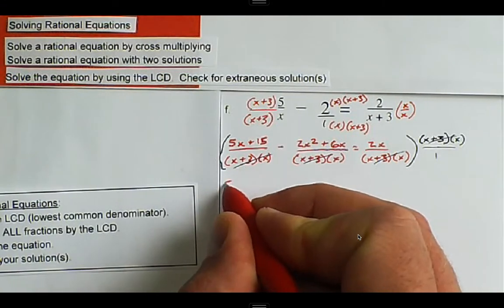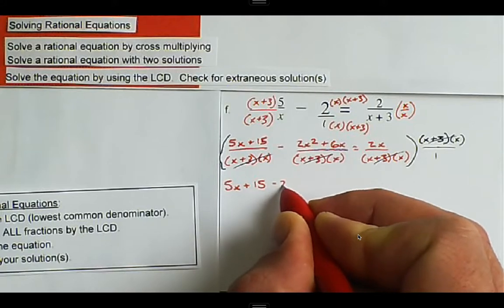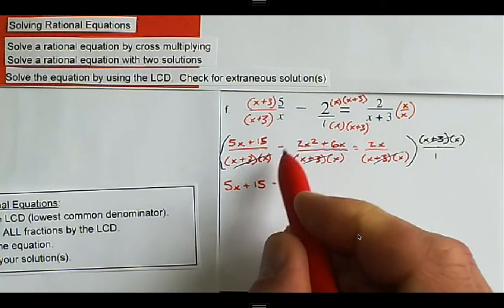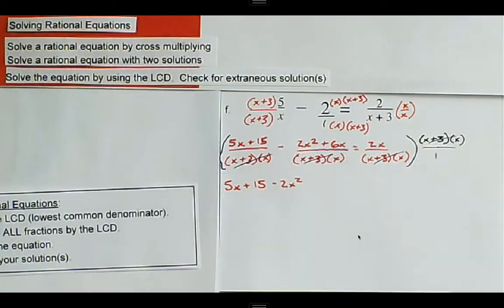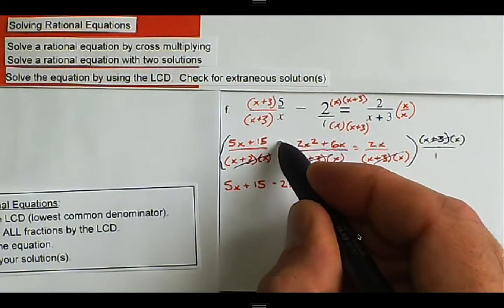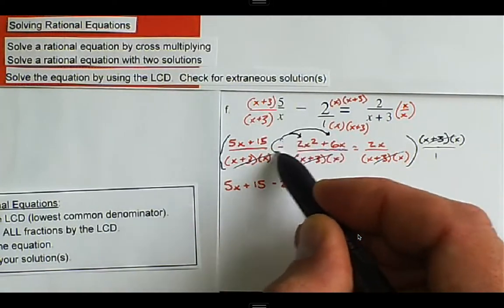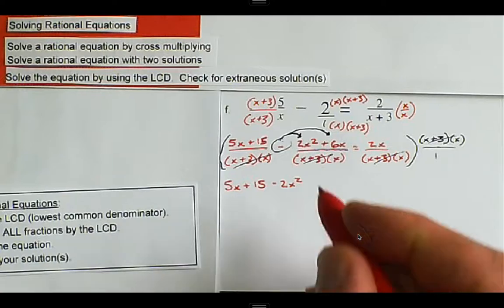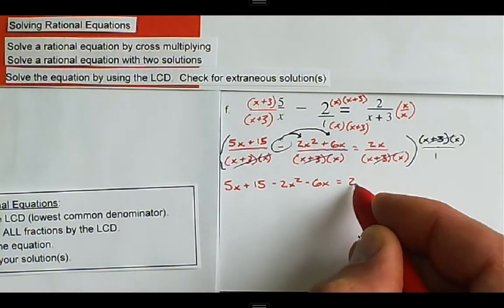So we get 5x plus 15 minus 2x squared. We have to distribute this to both parts. So not only does that negative go to the 2x squared, but it also goes to the 6x. So that's going to be minus 6x, and that's going to be equal to 2x.